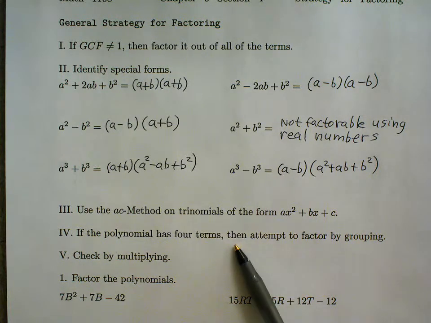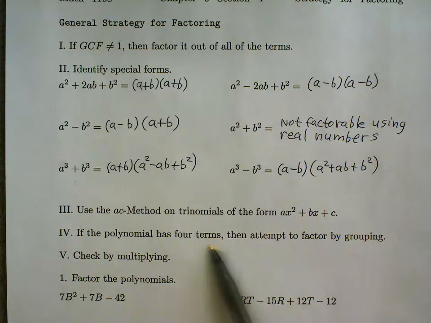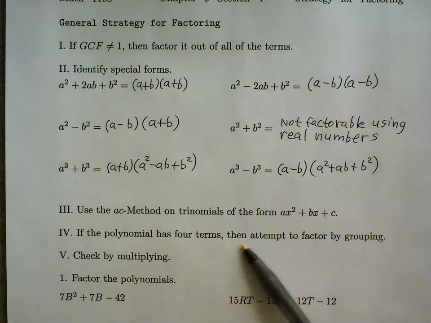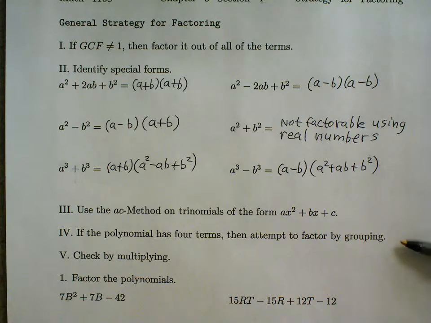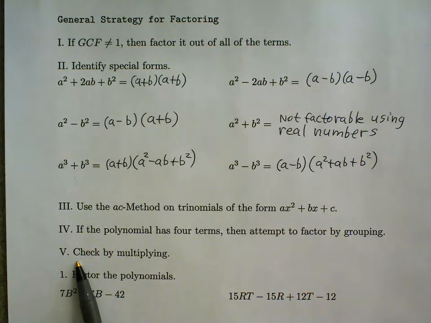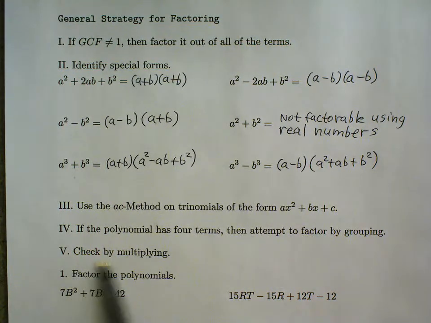And sometimes rearranging the terms will allow you to factor by grouping. And at other times, factoring by grouping won't work using integer coefficients. And you can always check your factoring by multiplying the factors.